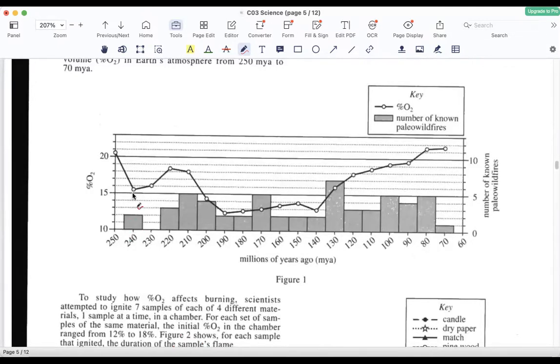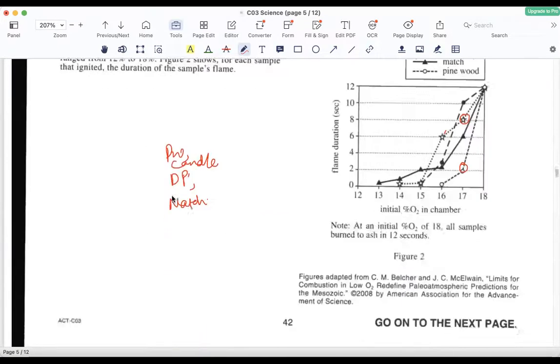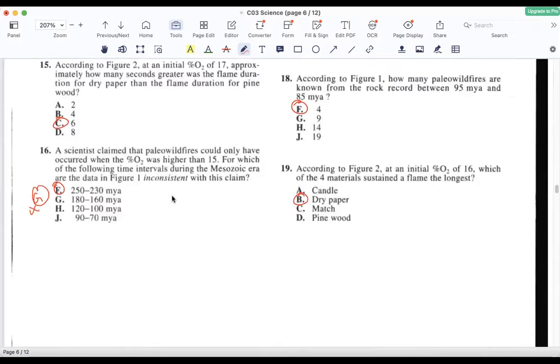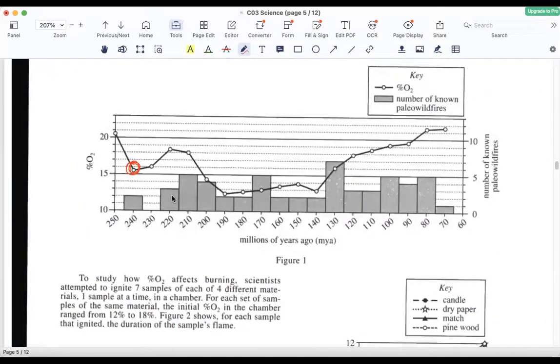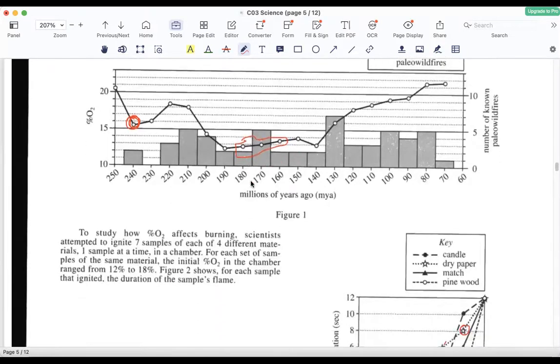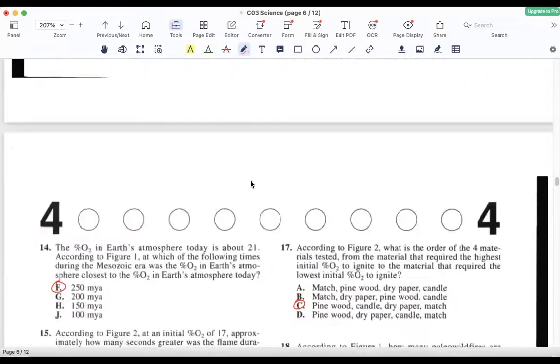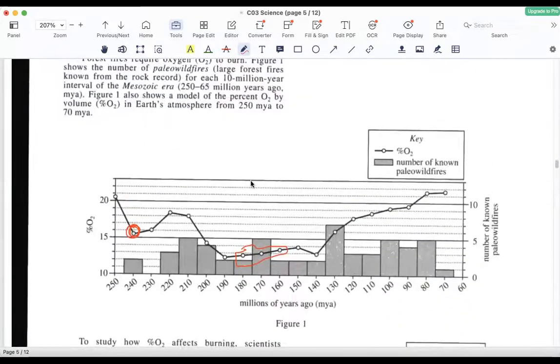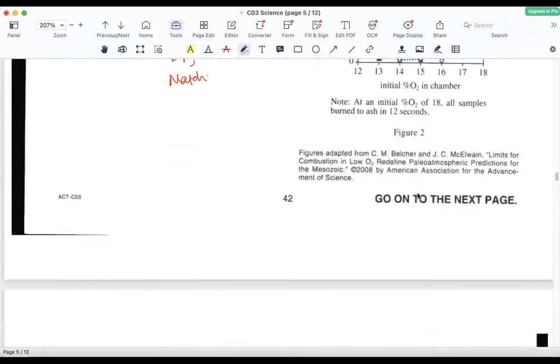Okay, this is the percentage oxygen. Sorry, I didn't read that properly. So for 180 to 160, it's definitely less than 15. For 120 to 100, it's definitely greater. And similarly for 90 to 70. So it has to be G.